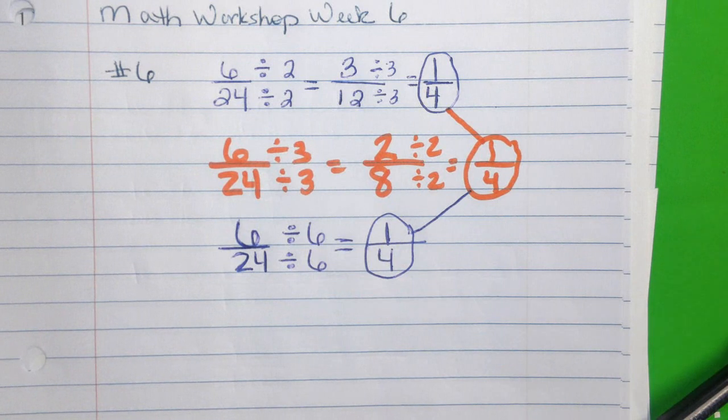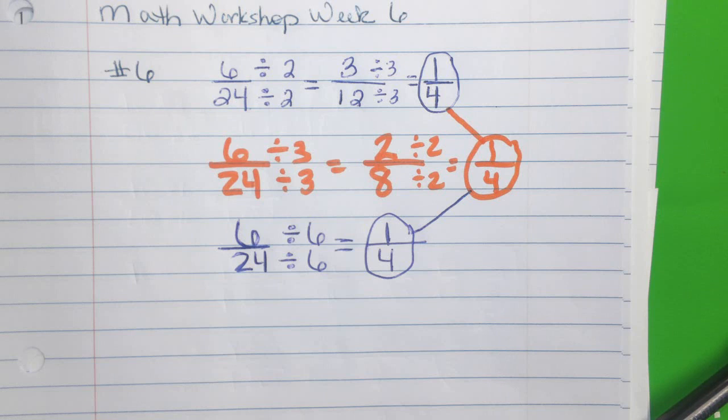I need you to see you are all correct. Some of us just take a few more steps, and it's going to be what I call fluency of multiplication tables. The bigger the number you're dividing by, like on this bottom one, it just makes the simplifying quicker. You should get the same answer.